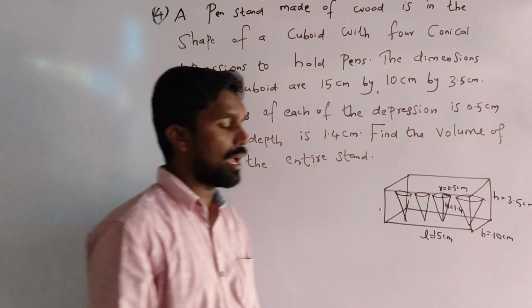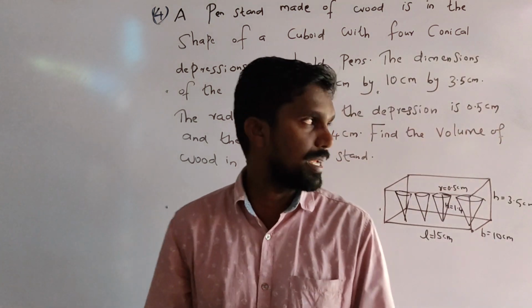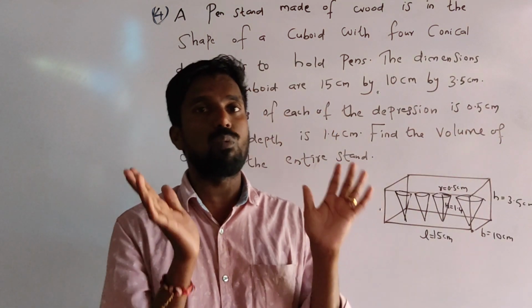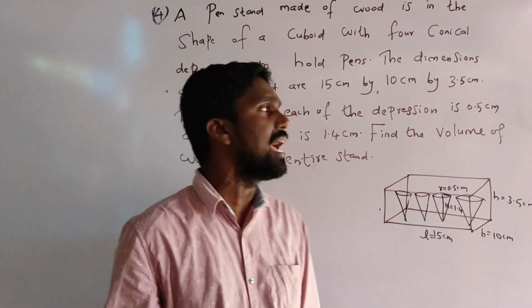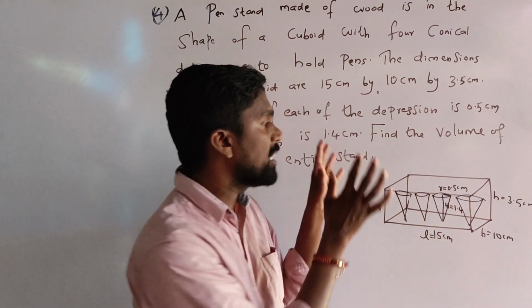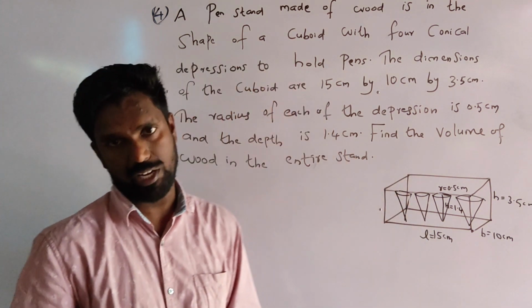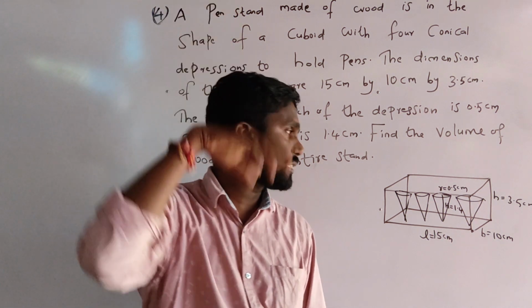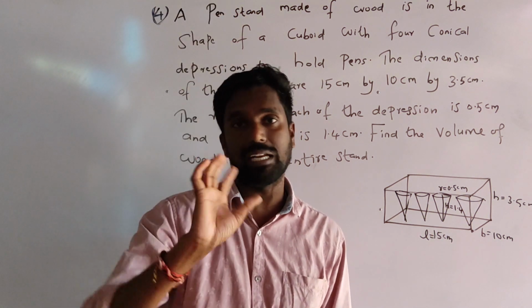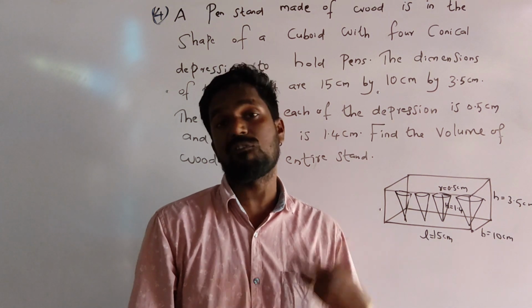We should find out the volume of the wood in the entire stand. That means how much volume, or how much wood is balanced here. That wood volume you have to find out. In the previous exercise, we studied problems like these. In that case, we found out surface area.